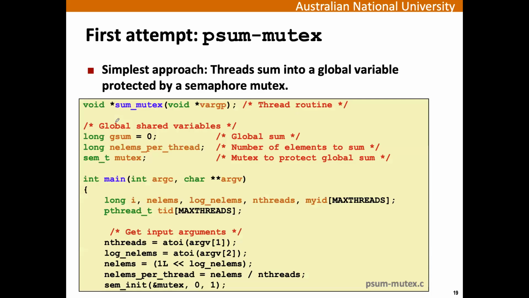Okay, so we have a global variable here. Now you have some intuition about what a multi-core processor is, what a hyper-threaded processor is, what hyper-threading is. So here we have a global sum variable, and we divide the work evenly among threads. And we have a mutex.